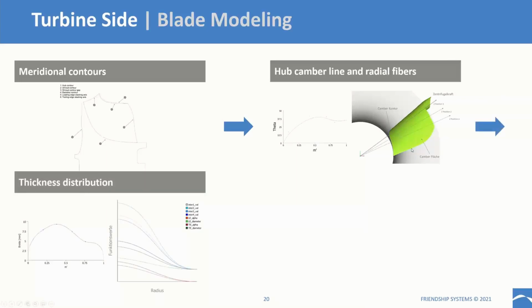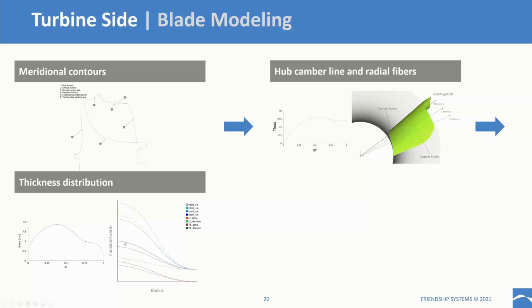And then we want to apply our blade thickness, and for that we have a parametrized cross section that is controlled by a few points along the curve, and then we have values for the width position of these points in radial direction.